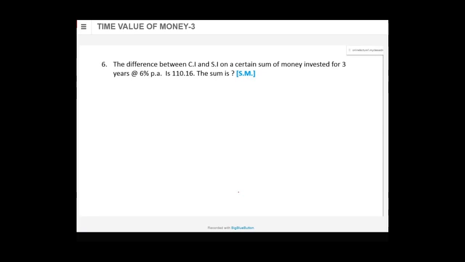What they're saying, difference between CI and SI. CI is compound interest. So CI, let the principal amount be X. And compound interest formula, P in bracket 1 plus I bracket raised to n. This will give me A. So minus P, that is compound interest.